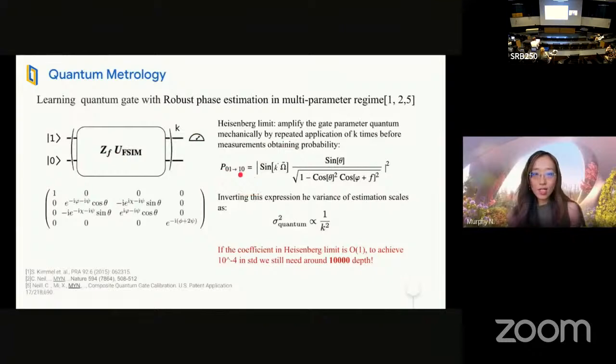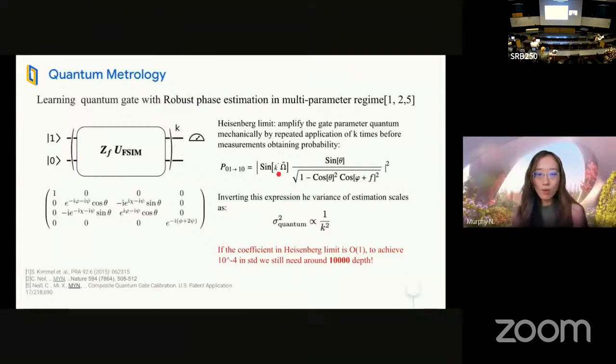So this gives me a transition probability from the initial state to the measured state. And by repeating k times, the coherent parameter we want to learn, which wraps around inside this omega parameter, will be amplified by a factor of k.